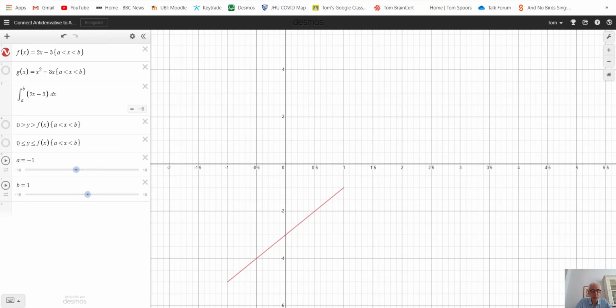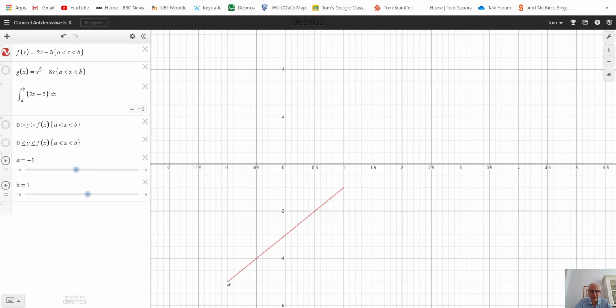So here we are with the Desmos software. Here's the function we were looking at. Function x is 2x minus 3. And this bit here in the curly brackets afterwards is the domain for the function. Those are the limits that we actually apply to our function.